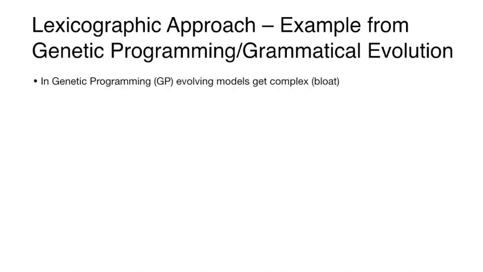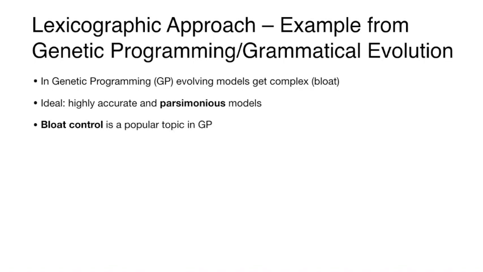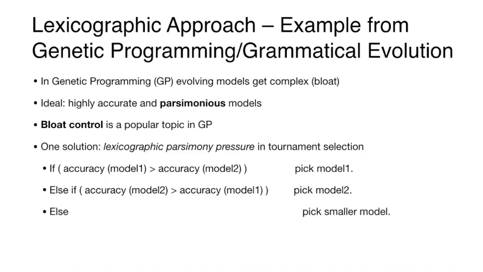However, these models are often large, bloated, and complex mathematical expressions. Instead, ideally, we want a predictive model that is both accurate and yet simple to describe. Therefore, controlling this bloat is a major concern for practitioners of genetic programming. So one approach to keeping bloat under check is what is called the lexicographic parsimony pressure that is implemented using tournament selection in genetic programming.